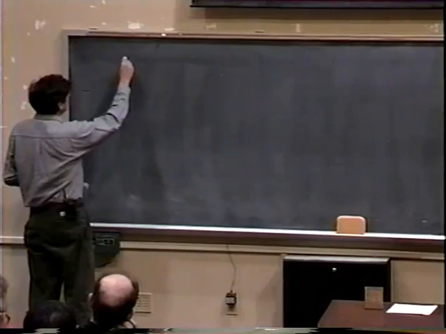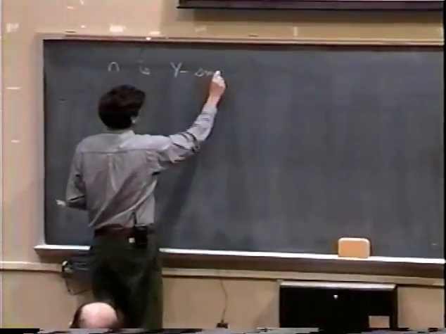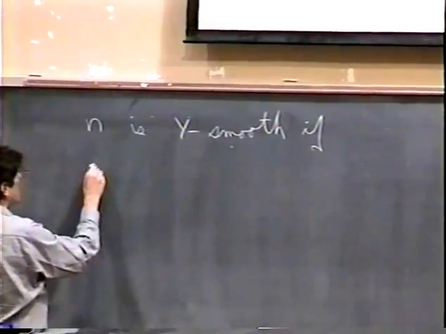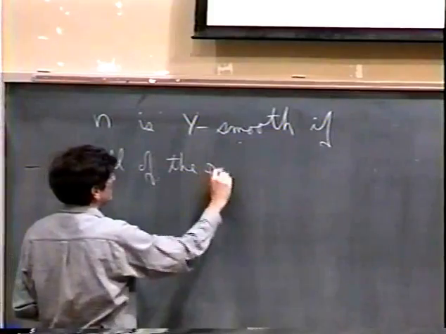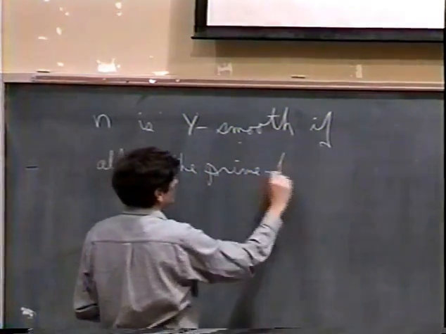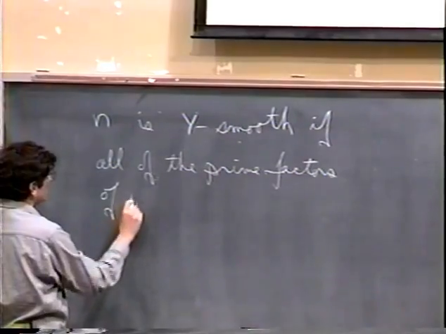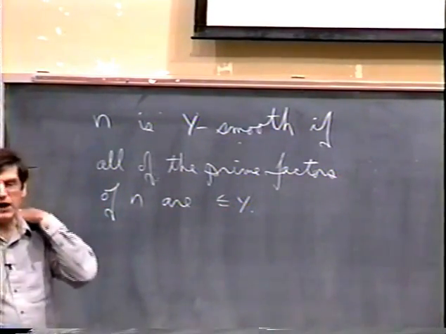So we say n is y-smooth if all of the prime factors of n are less than or equal to y.